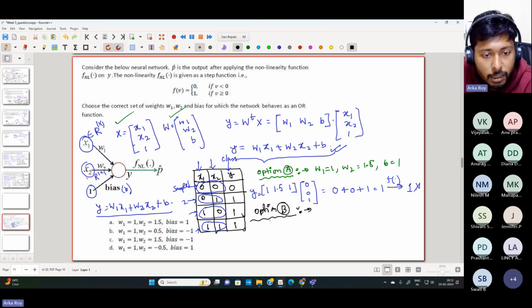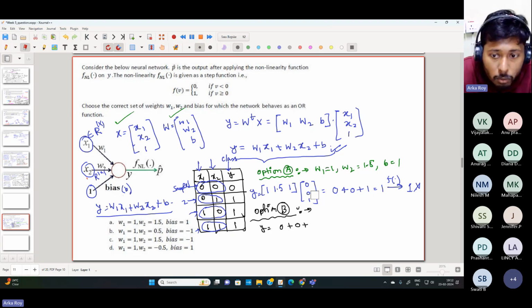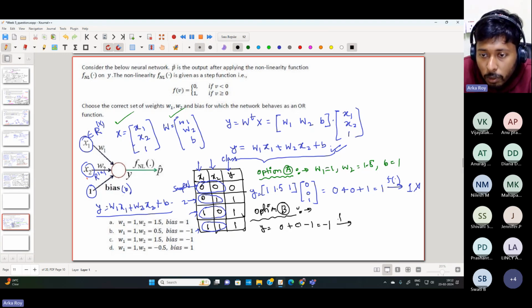In case of option B, let us start with 0, 0. So you will get 0 plus 0 plus your bias, which is -1. So -1. You apply the nonlinear function, you will get 0.